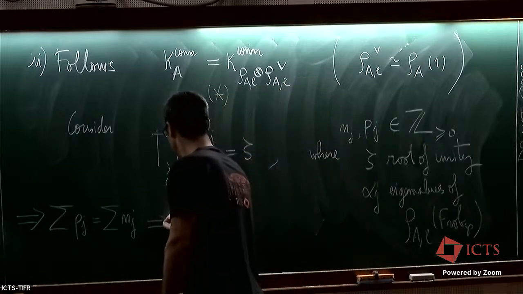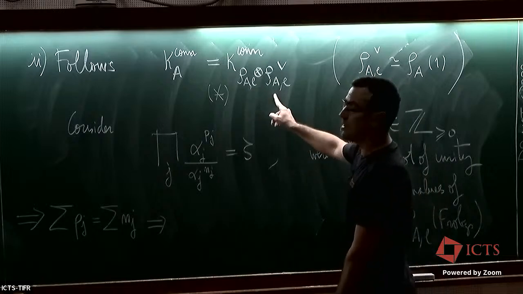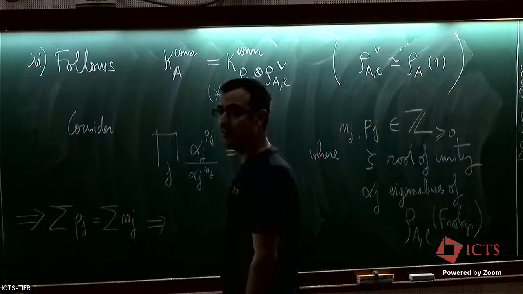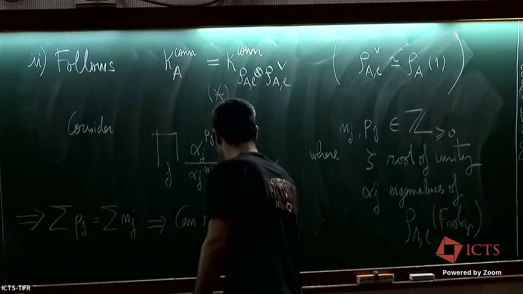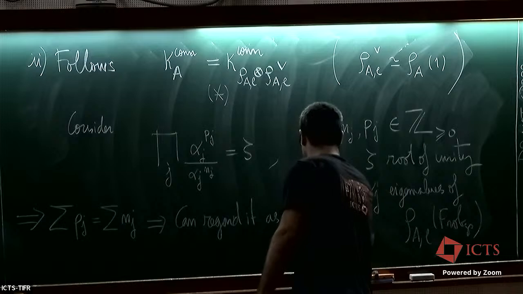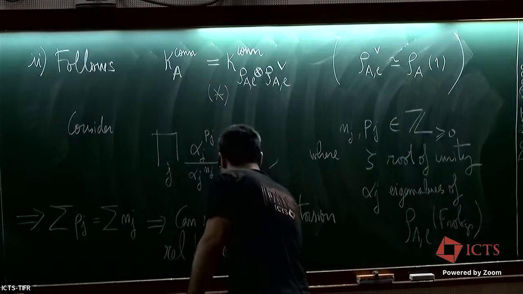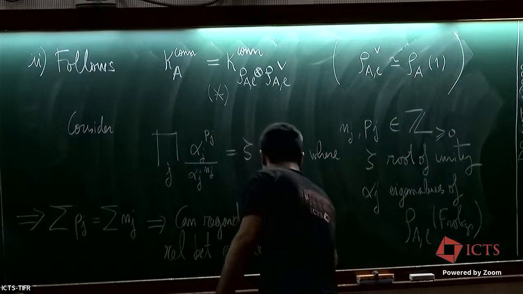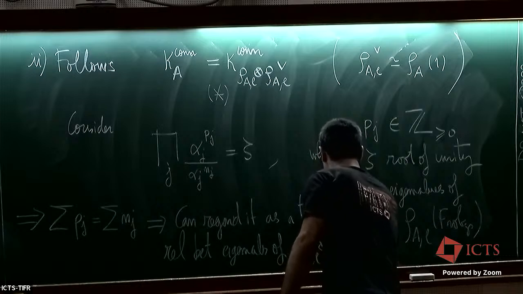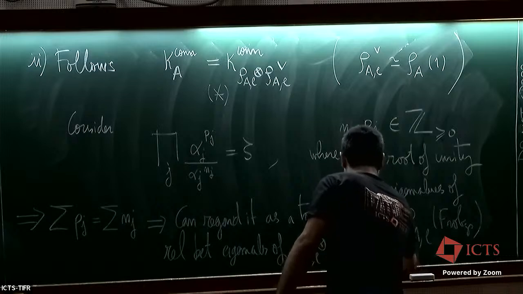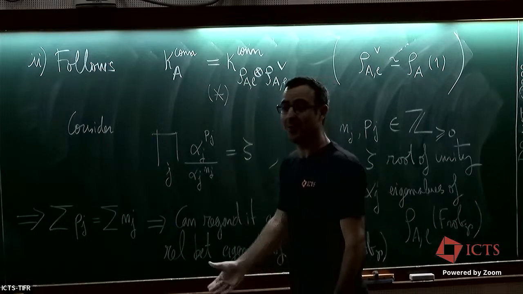And since the quotient of two such Frobenius eigenvalues are precisely the Frobenius eigenvalues of rho A tensor its contragradient, you can just regard this torsion relation between eigenvalues of rho A tensor contragradient, and then Serre's theorem just renders this equality a tautology.